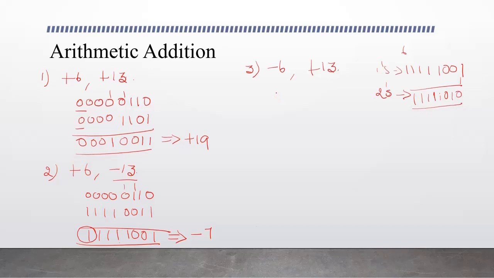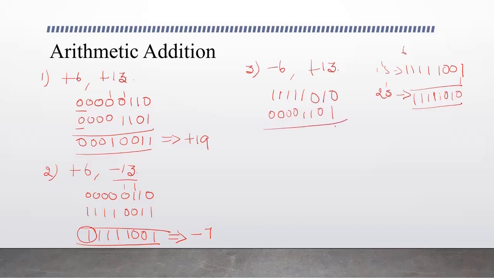We write the 2's complement of 6 here, 1 1 1 1 1 0 1 0, and 13 as it is. We don't find the complement here. 0 0 0 0 1 1 0 1.